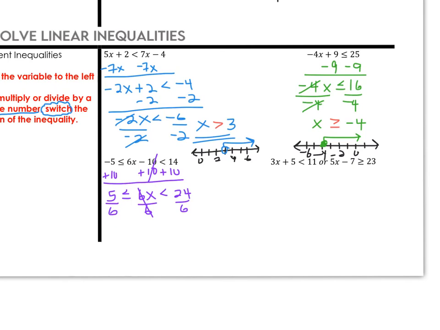In the middle, it cancels out, and that's great because we want x by itself. On the left-hand side, 5 divided by 6 doesn't reduce, so we'll leave it as 5/6. That's just a little shy of +1. We have x in the middle. On the right, 24 divided by 6 is +4.